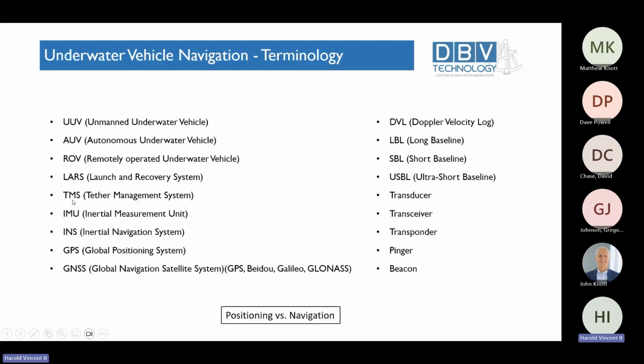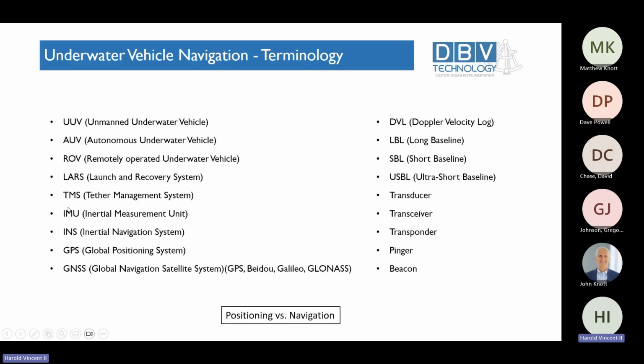And for the larger, deeper ROVs that have these tethers, they'll have to have something called a tether management system, or TMS, because as you might imagine, if you're diving an ROV thousands of feet or thousands of meters down in the water, that's a lot of line in the water that has to be managed. And so there's these winches, tether management system, that controls the winding and unwinding of these very long tethers to allow operations at sea.